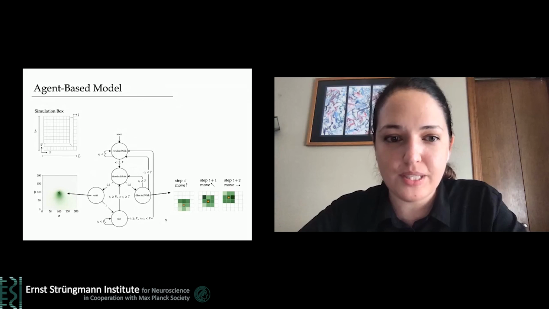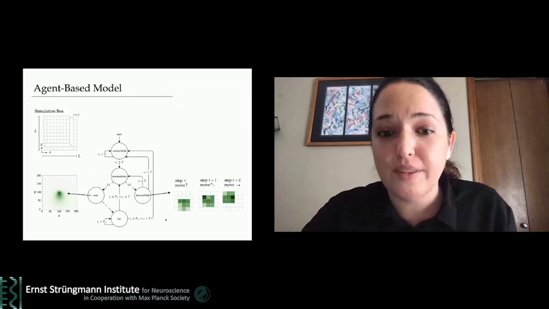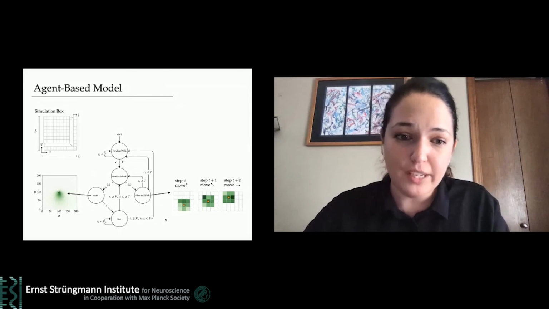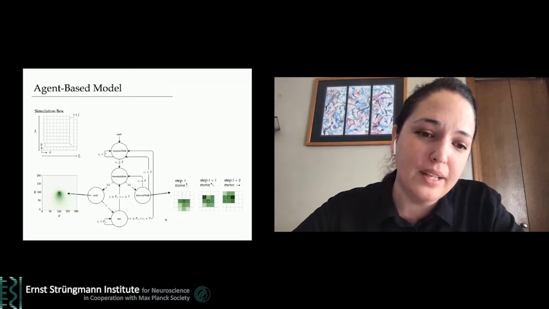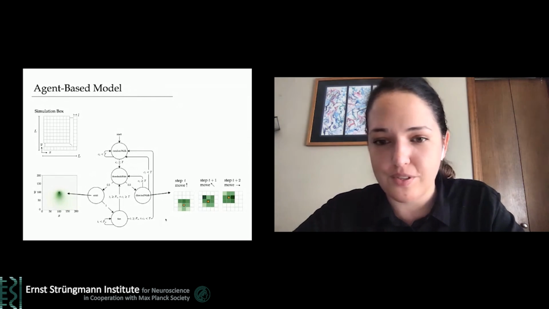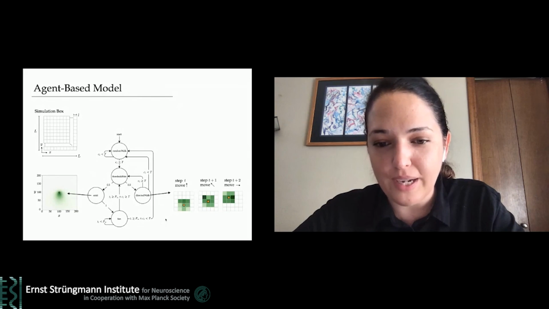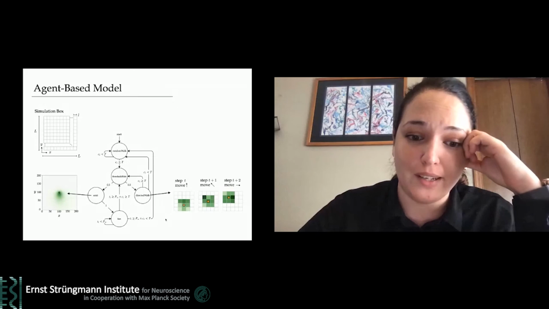And we found a couple of interesting things when we plot the results as a function of the behavioral parameters that we think the bees might be able to change. The first one on the y-axis is the threshold concentration that triggers their scenting behavior. And the second one on the x-axis is a directional bias.